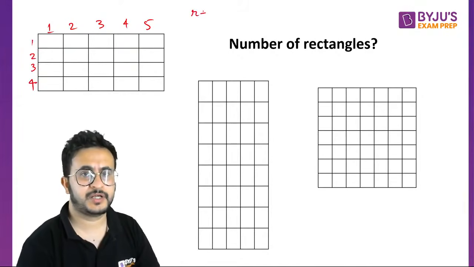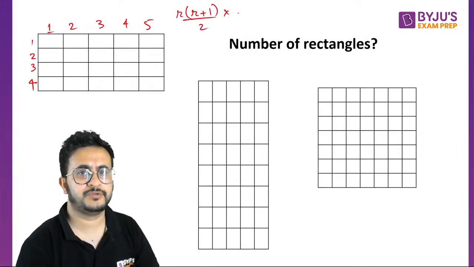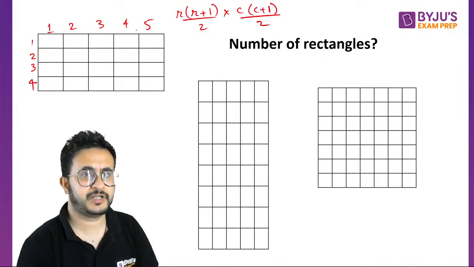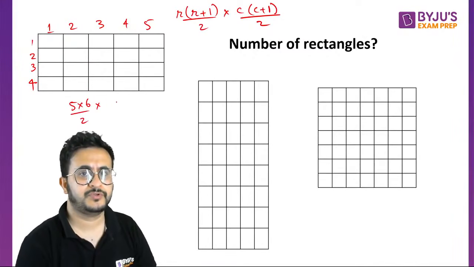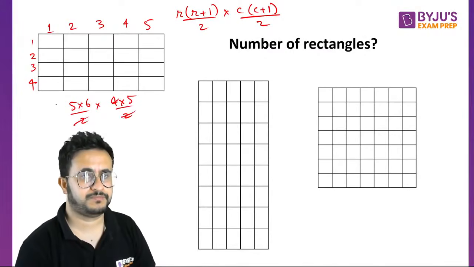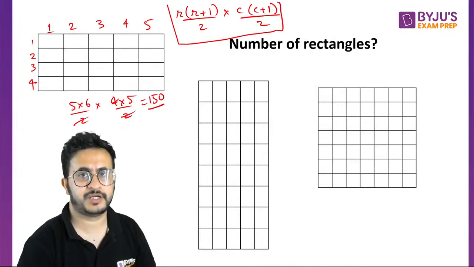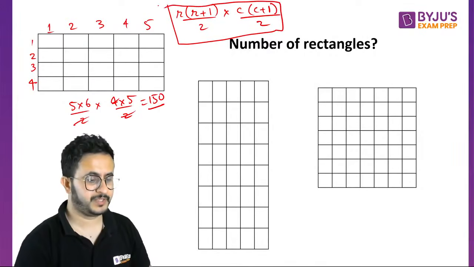So it is r into r plus 1 by 2 into c into c plus 1 by 2. The rows: there are 5 rows. So 5 into 6 by 2 into 4 into 5 by 2. So there are 150. Okay, so this is r into r plus 1 by 2 and c into c plus 1 by 2.